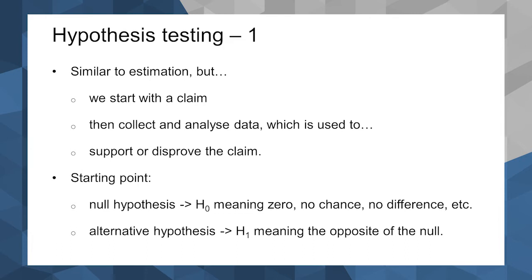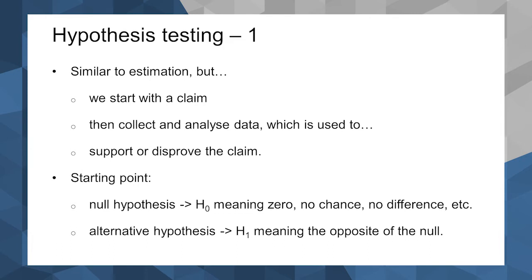So in this example of the average spend, whereas if I'm estimating, I'm just taking a sample, if I'm doing hypothesis testing, I'm starting with, I believe each one of my customers spends on average £122.55 when they come to the store. That's my first step. I have, as it says in there, a claim.